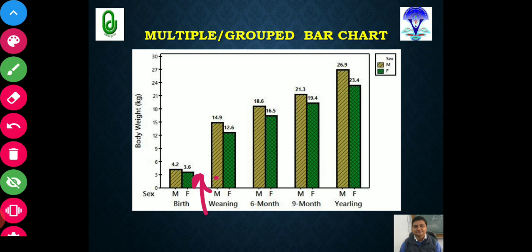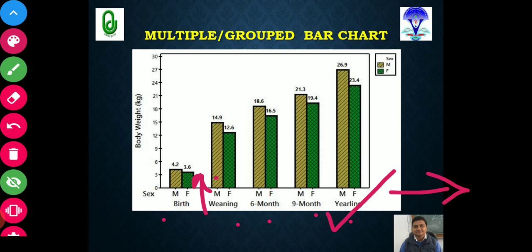On the x-axis you put male and female as one classification, then the different time periods for weights as another independent variable: birth weight, weaning weight, 6-month weight, 9-month weight, yearling weight. This is the second independent variable, and the dependent variable is the body weight.